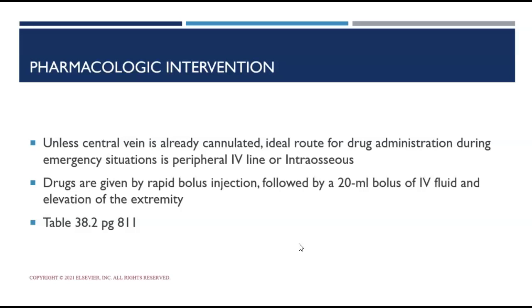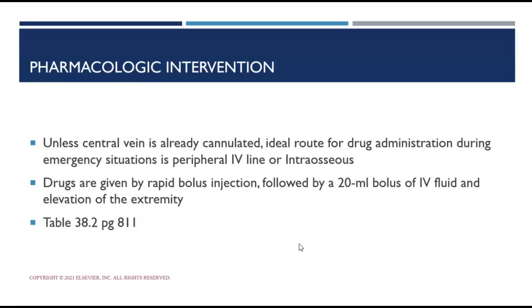So you're pushing it quickly, and then they follow it up with a 20 cc bolus of saline flush. A lot of times if it's a peripheral IV, they'll hold that extremity up to have gravity help move that medication back towards the heart so that it's circulated better and hopefully can be effective.